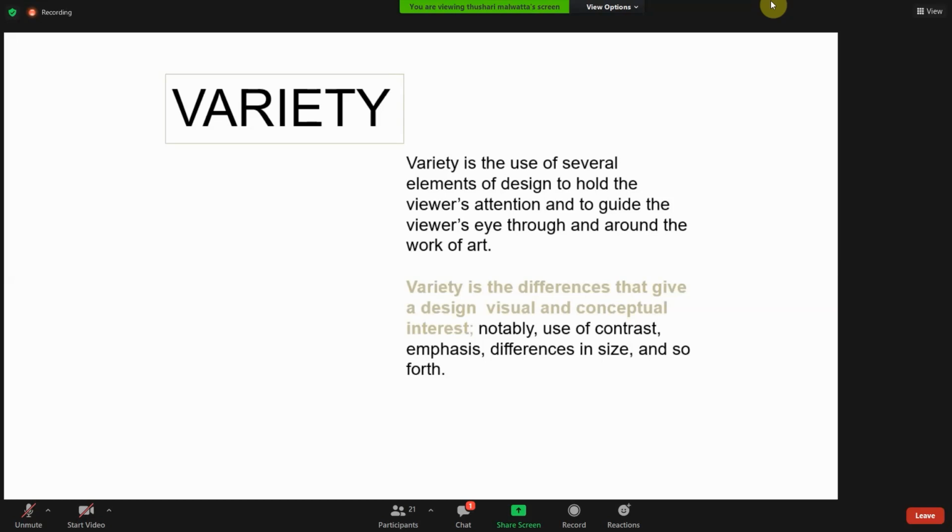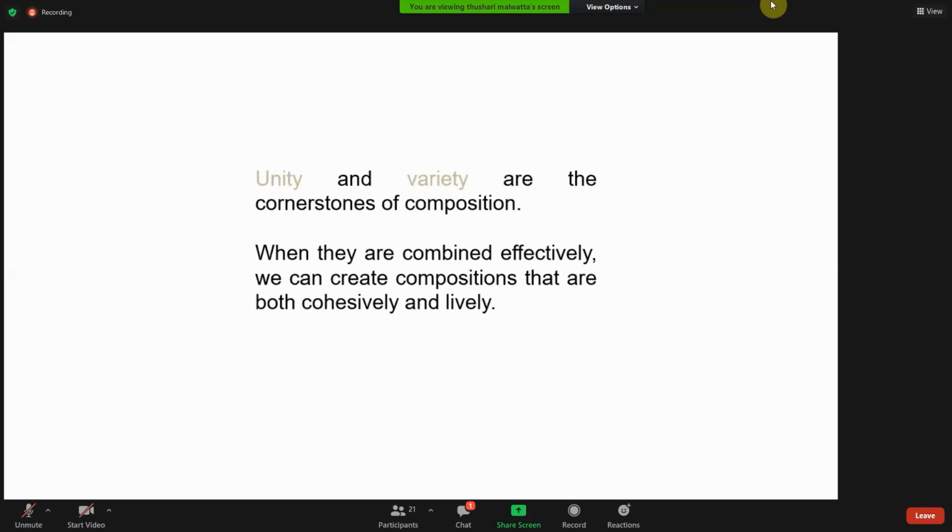So the variety is what makes it interesting. We'll look into the images, then you will understand. Unity and variety are the cornerstones of a composition. When they are combined effectively, we can create compositions that are both cohesive and lively.